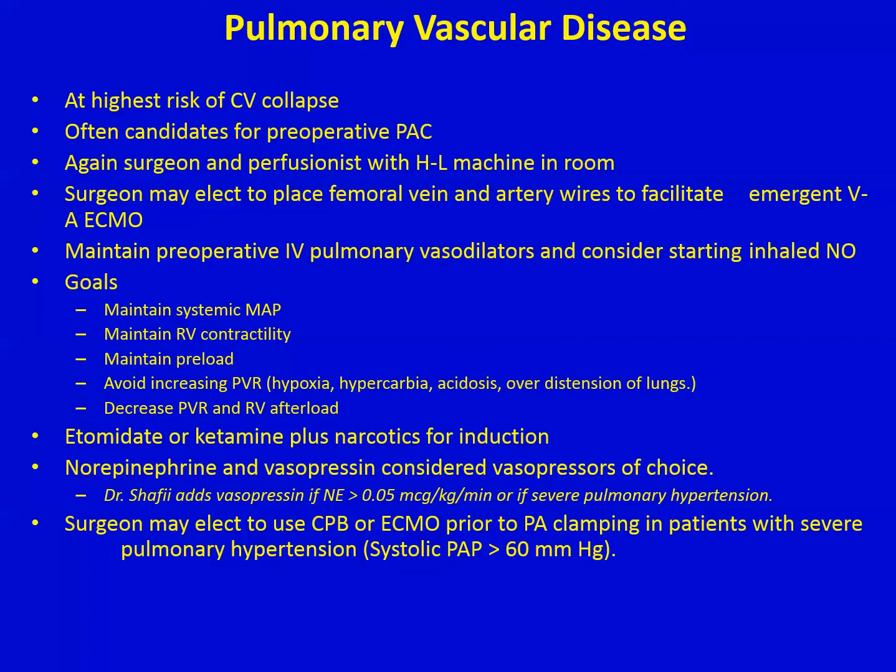They are at highest risk of cardiovascular collapse. They are often candidates for a pre-op pulmonary artery catheter. The surgeon may elect to place femoral vein and artery wires to facilitate emergent VA ECMO. If they are on pre-op IV vasodilators, these should be continued, and one might consider starting inhaled nitric oxide.